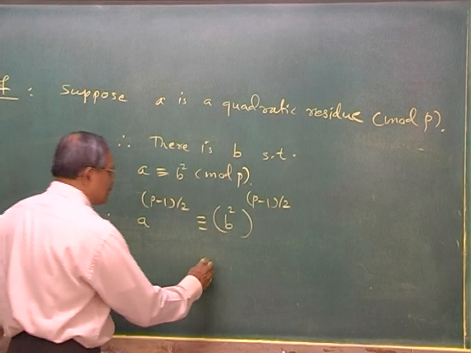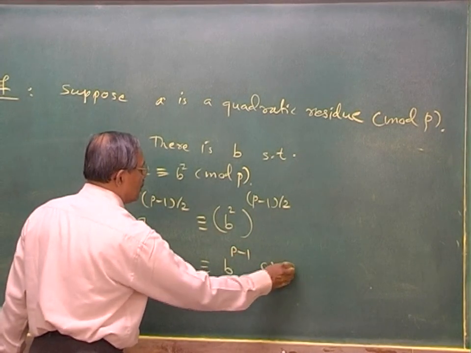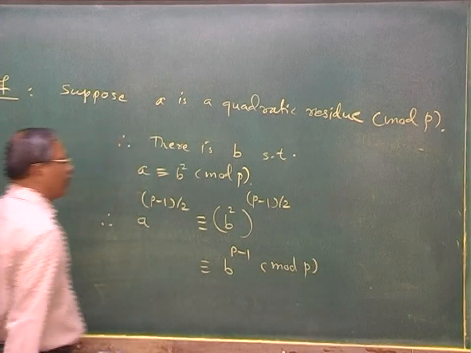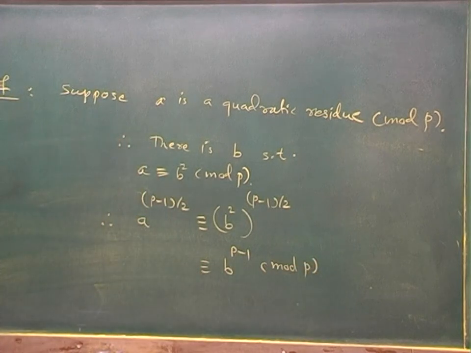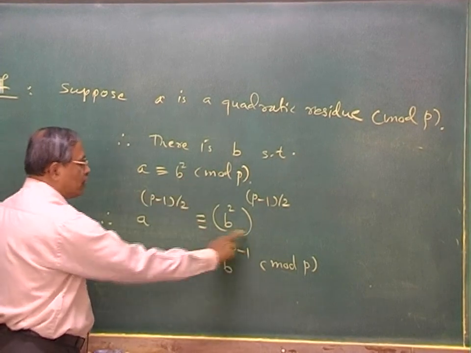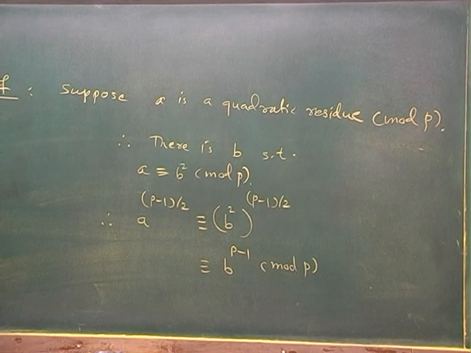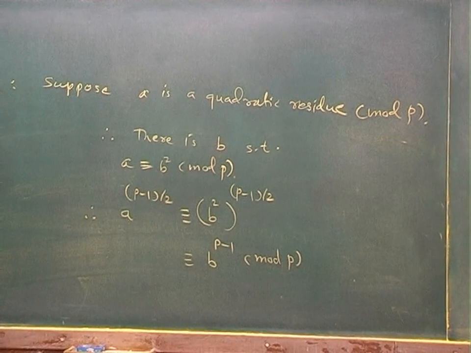But this thing is B raised to P minus 1 mod P. Now, A is coprime to P, so B is also coprime to P, because A is congruent to B square. So what is B raised to P minus 1? By Fermat's theorem, B raised to P minus 1 is congruent to 1 mod P.